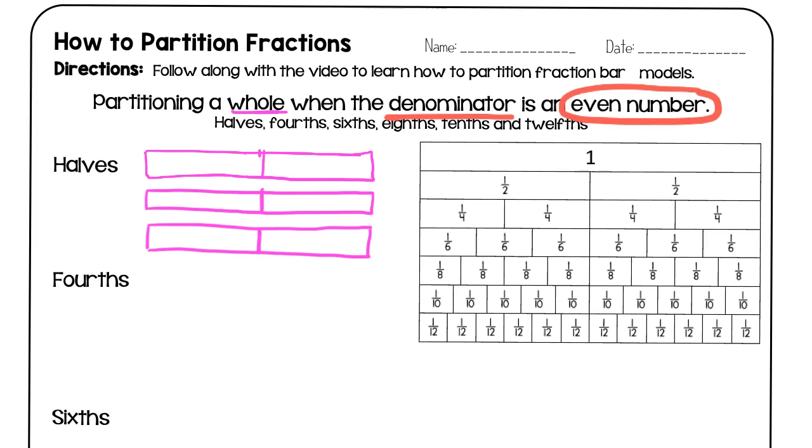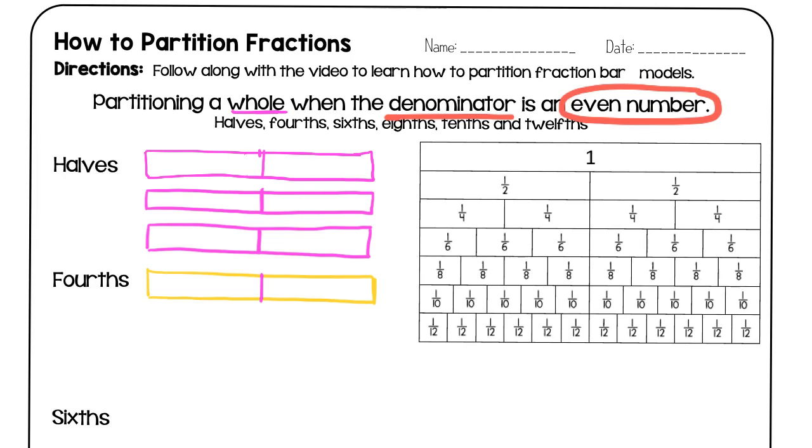All right, so first we have to draw our whole. I'm going to draw my whole the same size right next to the word fourths. And just like when we had half, we had to split it in half first. Do you see how I have two halves? It's the same thing here. I had one whole, I split it exactly in half, and now I have two halves.